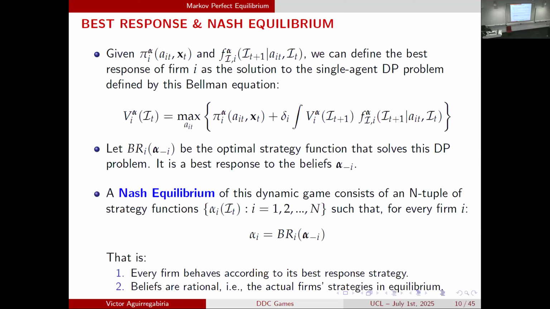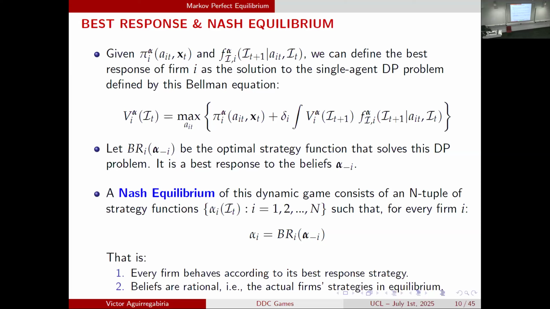Then we can define the best response function of player I as the solution, the strategy function that solves this dynamic programming problem. And we can define it as the best response to the strategies of the other players. That is, taken as given the strategies of the other players, the solution of this dynamic programming problem is the best response of the player.